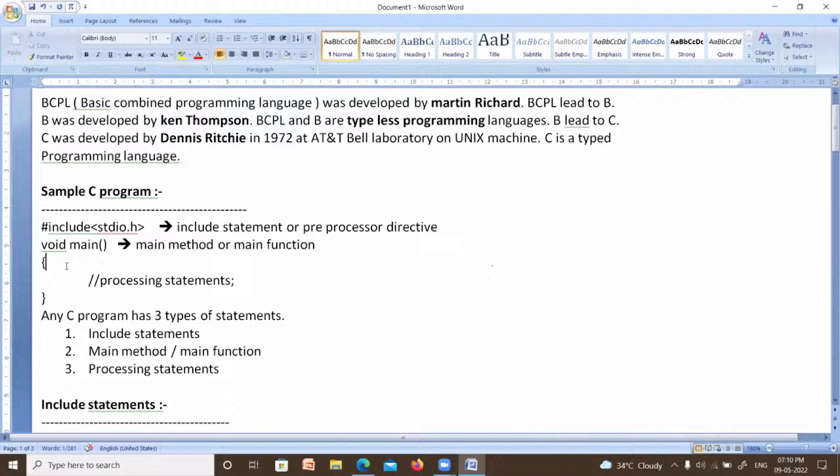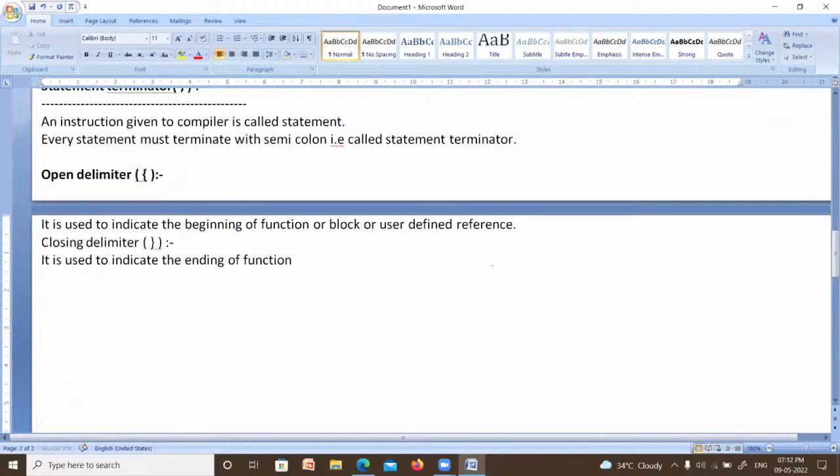Now, what is the use of the closing curly bracket? What is the name of that one? It is known as the closing delimiter. The symbol is the closing curly bracket. Right. What is the use of this one? It is used to indicate the ending of a function completed, or block completed, or user defined reference completed.